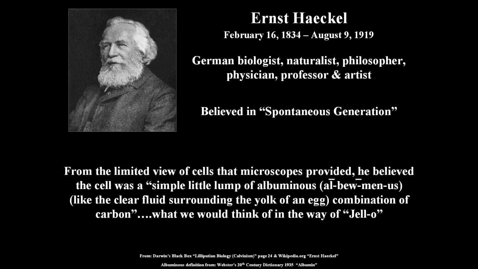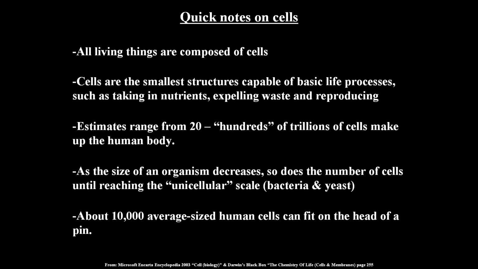Just something simple. Now, quick notes on cells. All living things are composed of cells. Cells are the smallest structures capable of basic life processes, such as taking in nutrients, expelling waste, and reproducing. Estimates range from 220 to hundreds of trillions of cells that make up the human body.